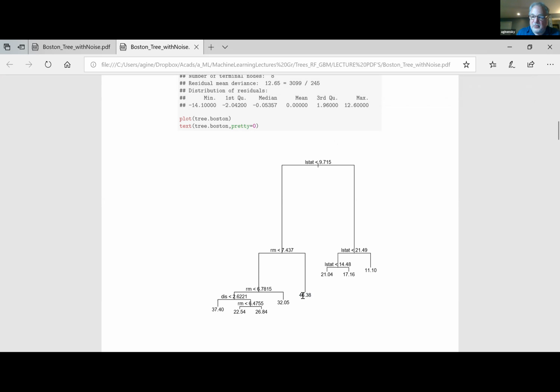That 46.38, which remember is thousands of dollars, is the actual mean value of all the elements of the Boston data set that have LSTAT less than 9.175 and rooms greater than 7.437.